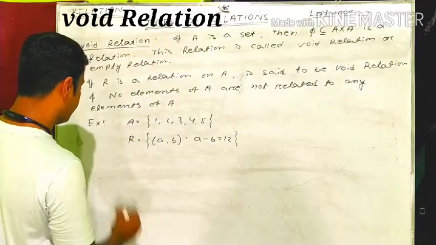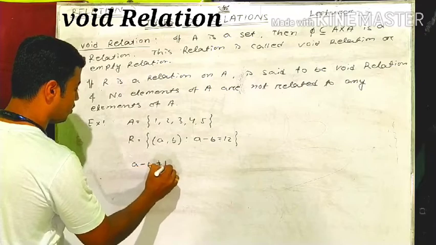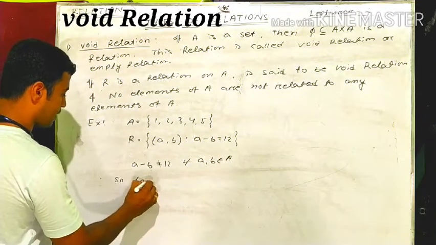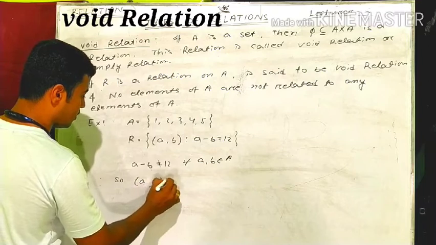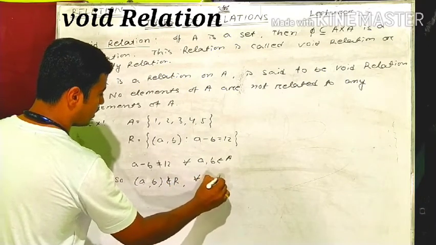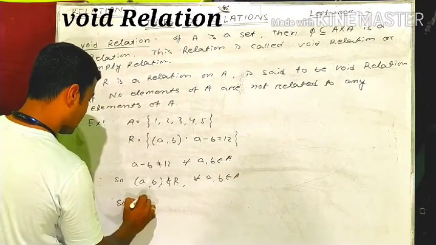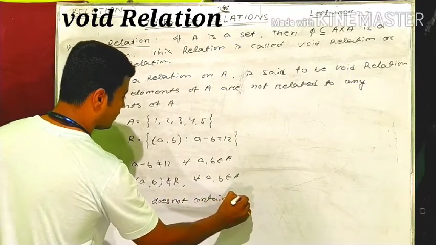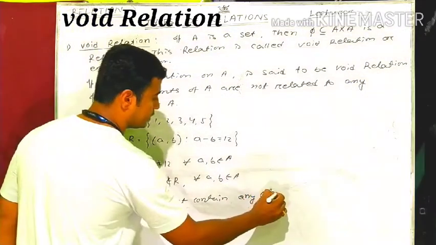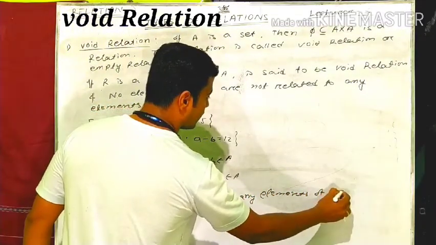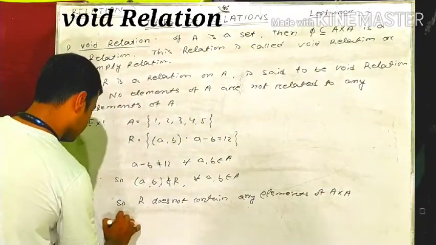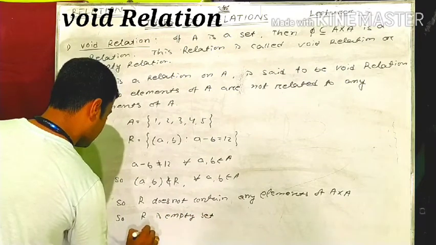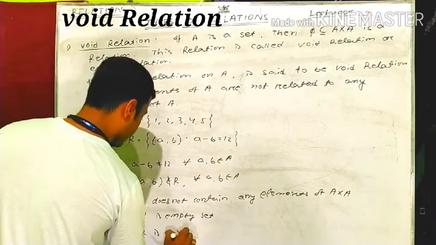Here we can observe that a minus b is not equal to 12 for all a, b belongs to A, so that (a, b) does not belong to R for all a, b belongs to A. So R does not contain any elements of A cross A. So R is an empty set. So R is a void relation.